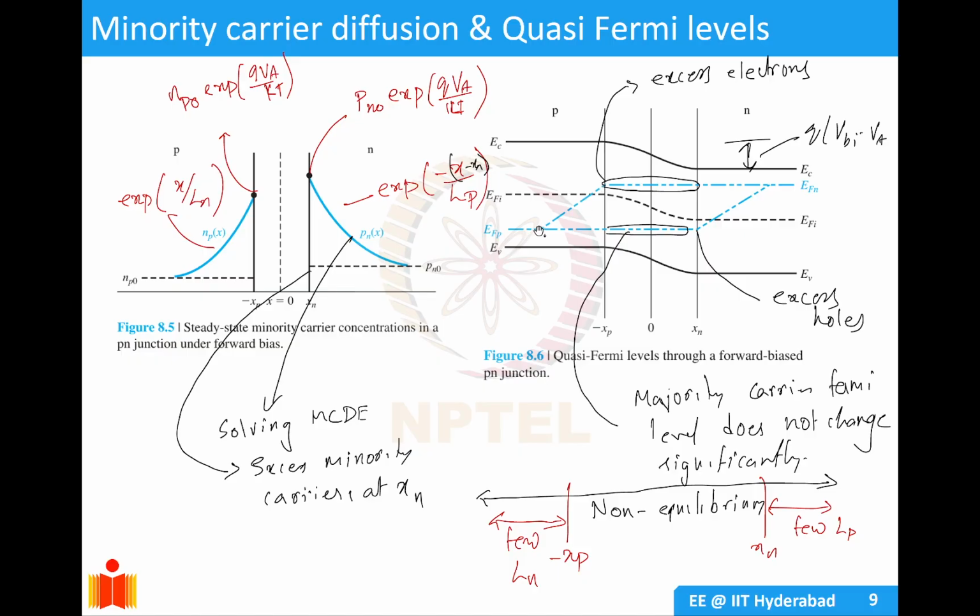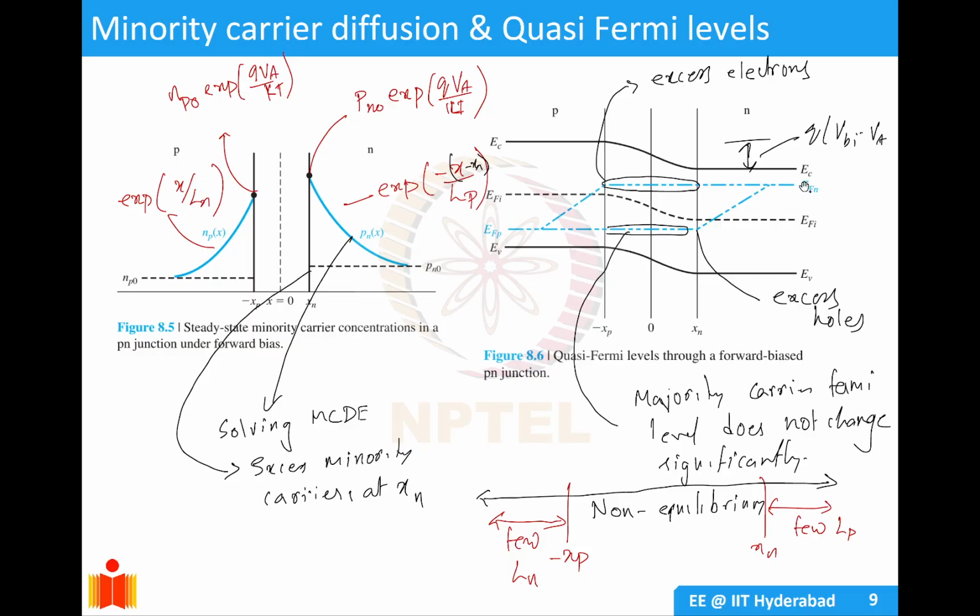EFN starts becoming equal to EFP, and at a certain point it merges into EFP. Similarly, if you take holes, EFP goes like this straight line because it's the majority carrier in the p-type. It does not change in the depletion region due to our assumption. When it goes to n-type, it becomes a minority carrier and starts diffusing, so it starts merging into EFN at some point.